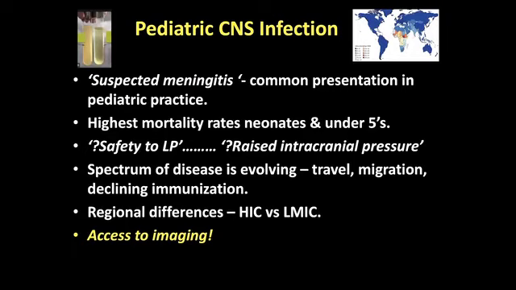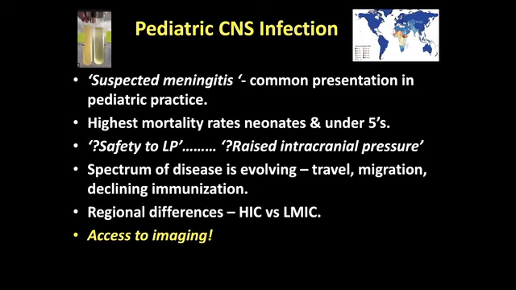So let's talk about pediatric CNS infection and suspected meningitis in a child. Well, it's a very common presentation in pediatric practice with the highest mortality rates in neonates and under fives. And we all know as radiologists, this classic referral on our RIS systems of looking for safety to lumbar puncture or raised intracranial pressure. And we know that the spectrum of diseases is evolving.